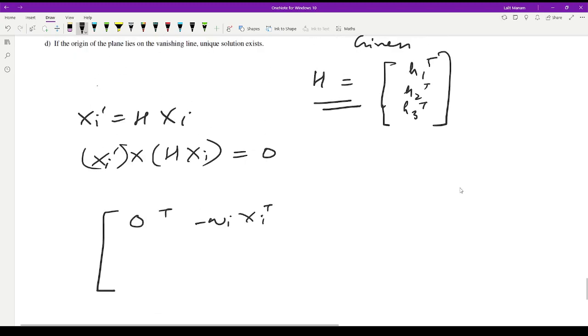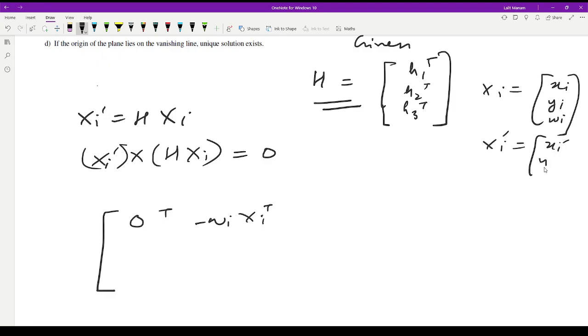Here xi is (xi, yi, wi), xi prime is (xi prime, yi prime, wi prime). There is a prime in the question. 0, wi xi prime, yi prime xi transpose, wi prime xi transpose.